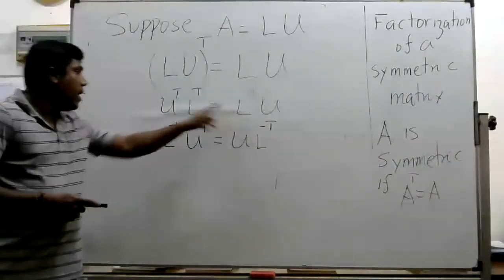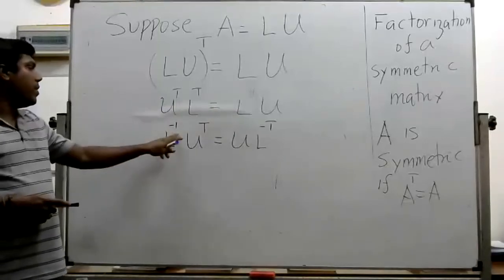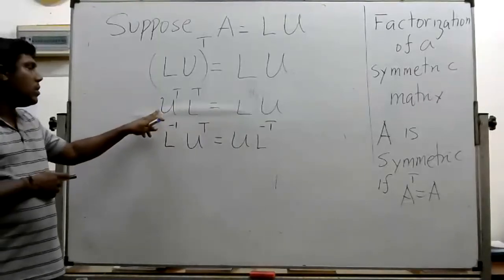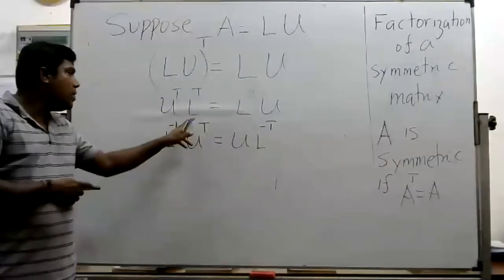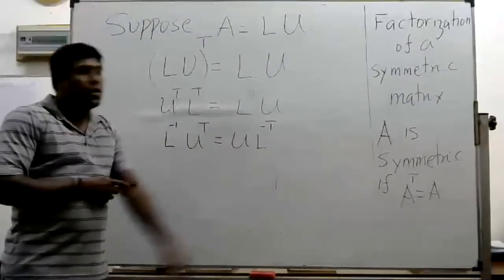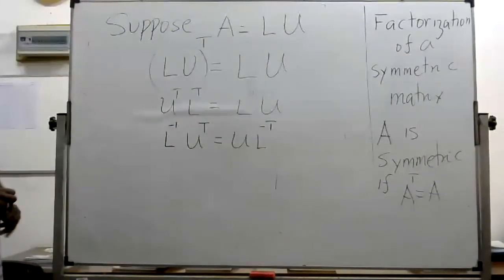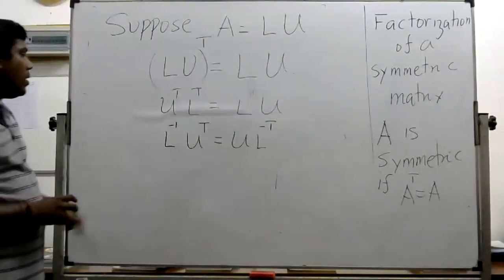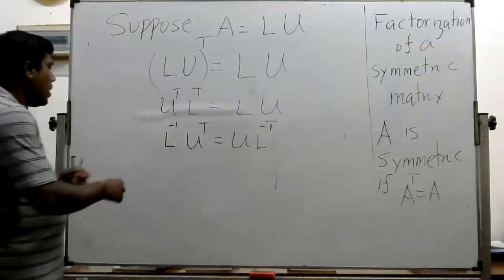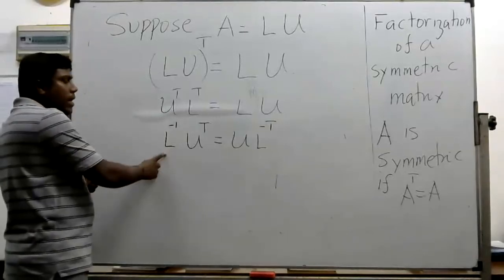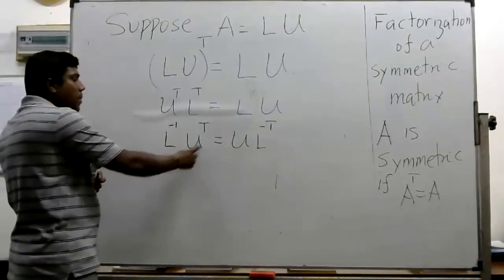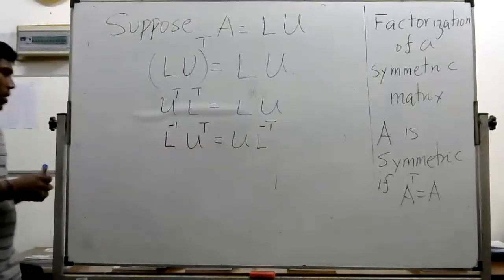So I move this L here, so I get L inverse. I keep U transpose, and then I move this L transpose here, so I get L minus transpose. Right, so now what I have is L is a lower triangular matrix, L inverse is lower triangular, U is upper triangular, so U transpose is lower triangular.